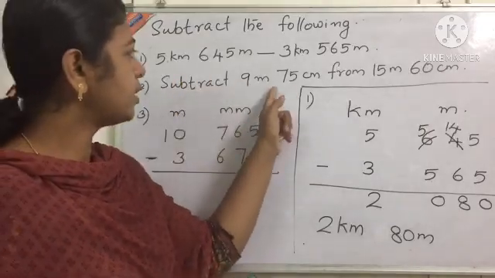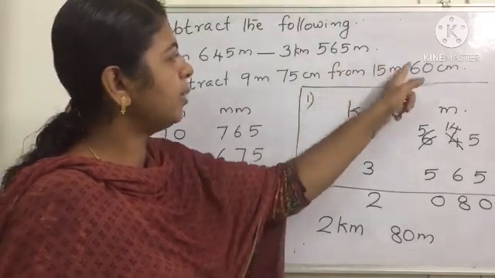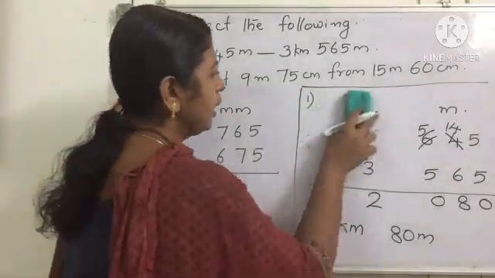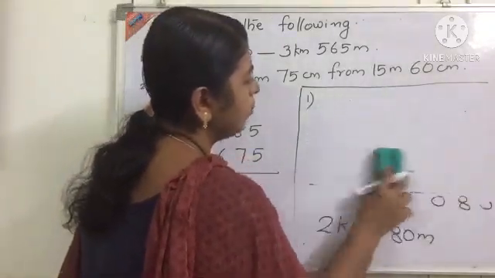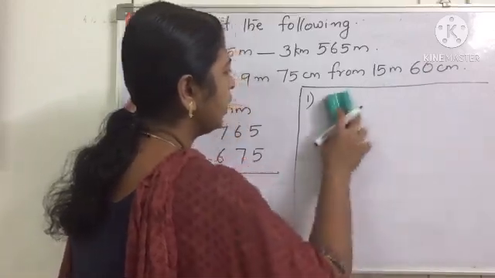Subtract 9 meter 75 centimeter from 15 meter 60 centimeter. Here the units are meter and centimeter, so first we write the units.